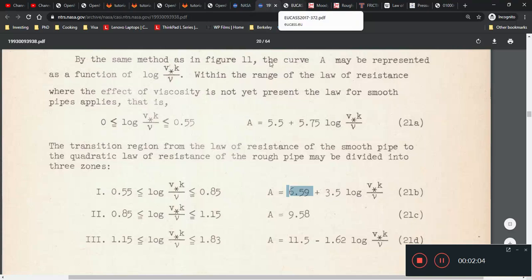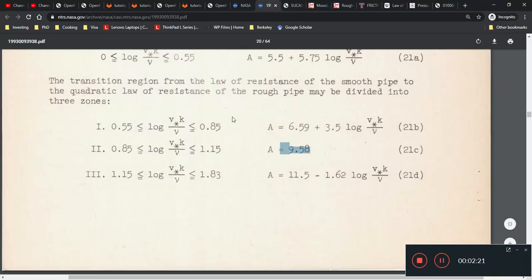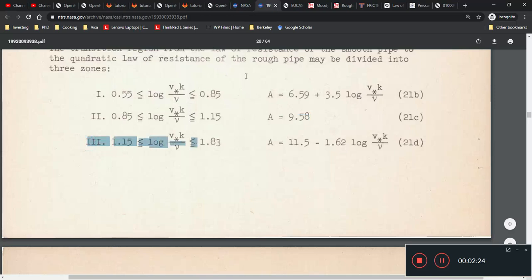And then we'll have a third regime from the logarithm 0.85 all the way up to 1.15, or this one will be 10 point something. We have A, or the constant, equals 9.58. This is from 7 to 14, 9.58. Next one, this number 3, which corresponds to the number 4 over there.